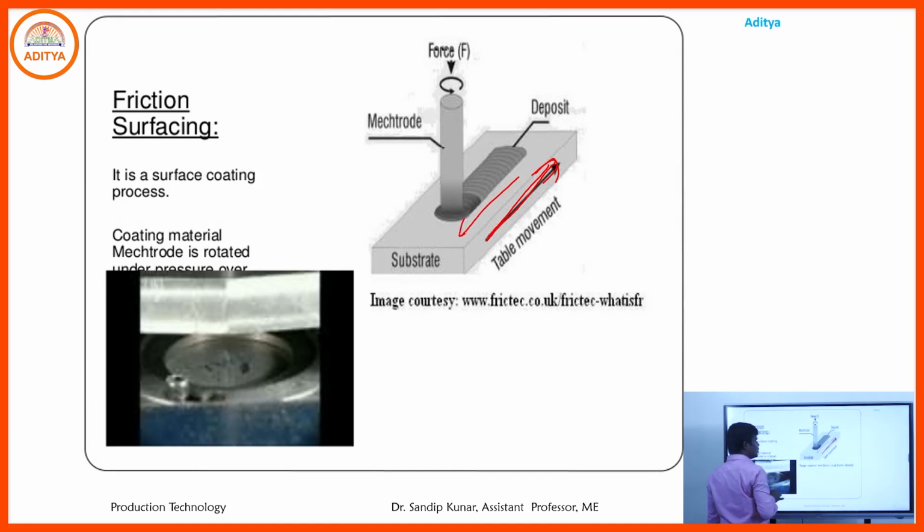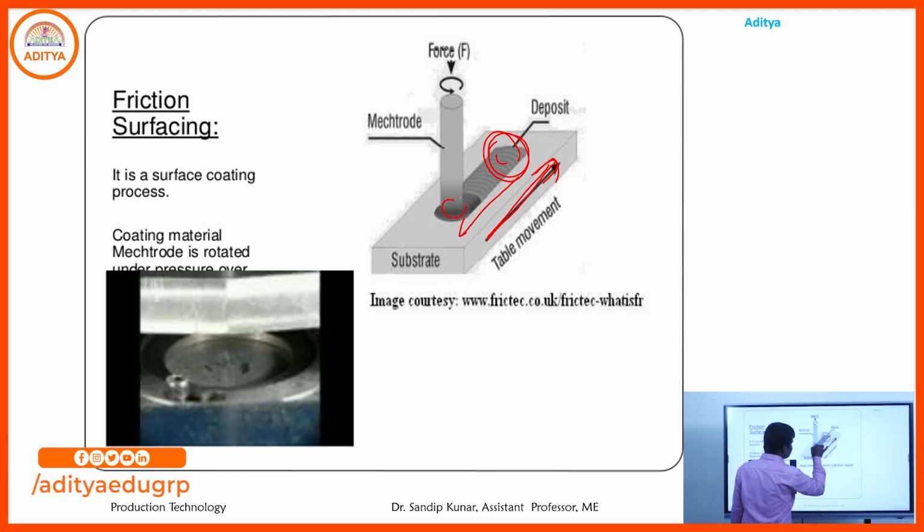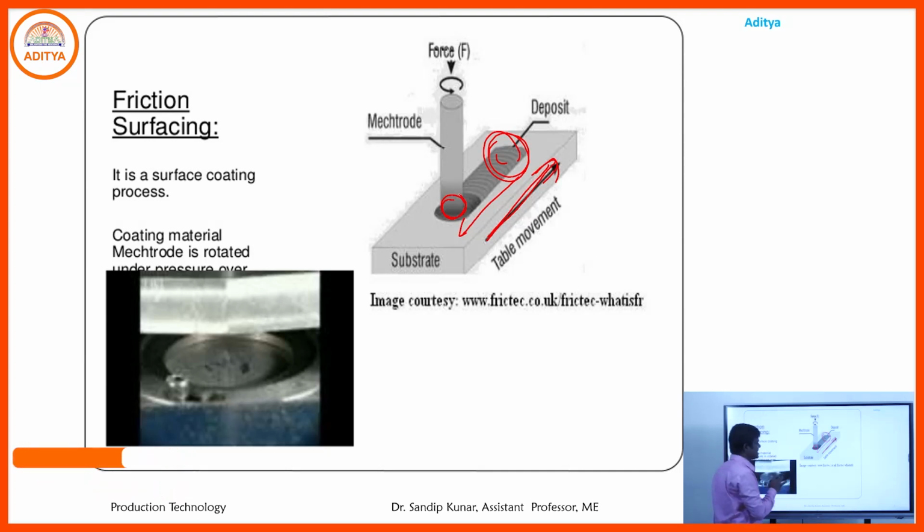Due to that, the rod creates friction in that zone. Heat is generated due to mechanical friction, and that heat helps melt the rod.